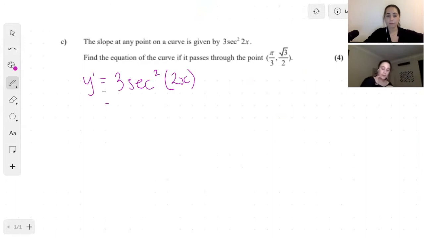Okay, so how do we find the primitive of this? Do you remember, what do you get when you differentiate tan? Sec squared. So it's tan.